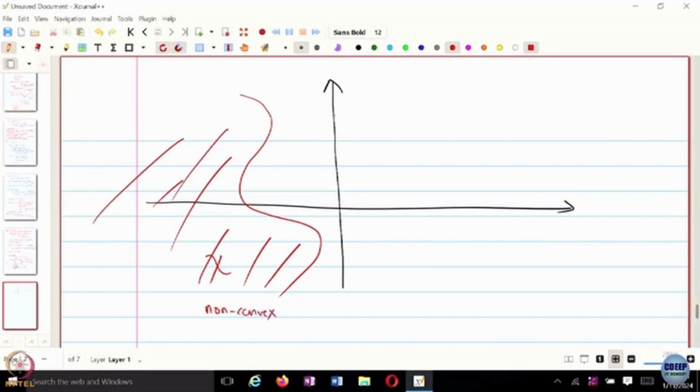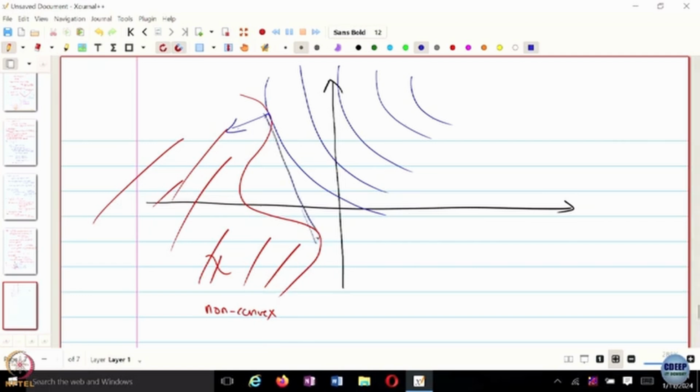And if I look at the level curves now, this would be the optimal solution, let's say. The gradient is pointing in this direction, but if I choose a point somewhere over here, this angle can potentially be more than 90 degrees, right? So this would not be the first order necessary and sufficient condition for optimality.